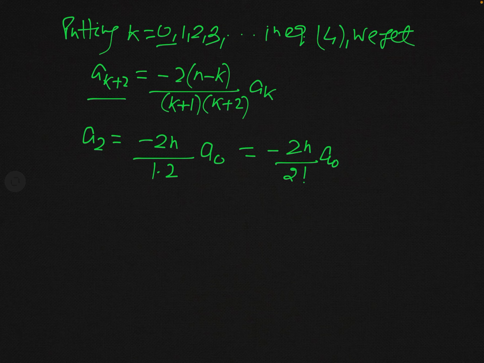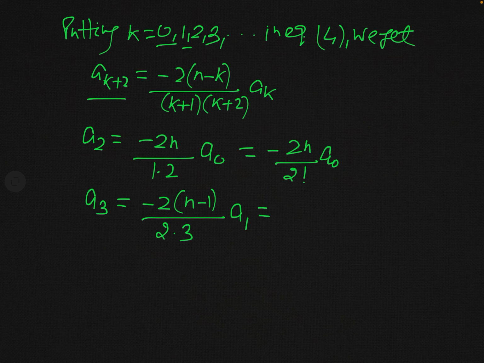Now we will put k equal to 1. When k will be 1, then a k plus 2 will be a3. So this will be a3 and this is minus 2 times n minus 1 and over 1 plus 1, this will be 2 times 1 plus 2, this will be 3 and here there will be 1, a1.